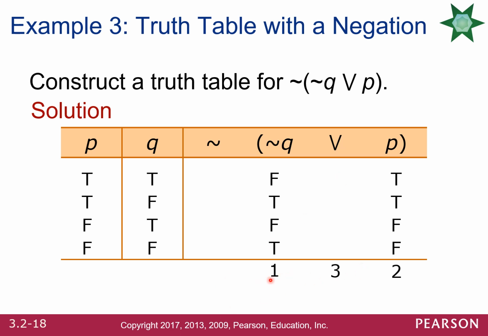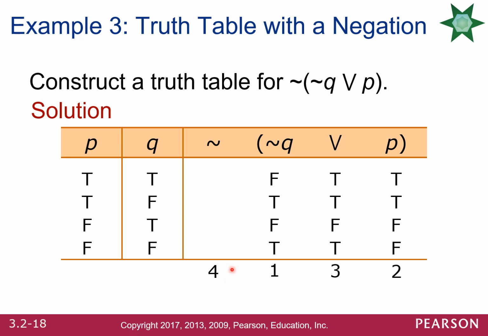This is step 3. These numbers below are just telling us the steps, the way we are proceeding. First step was not Q, then it was to list all the P, and then evaluate the OR. That's the third step, so that should be T, T, F, T. And finally, the fourth step should be the negation that's outside. So that's step 4 here.